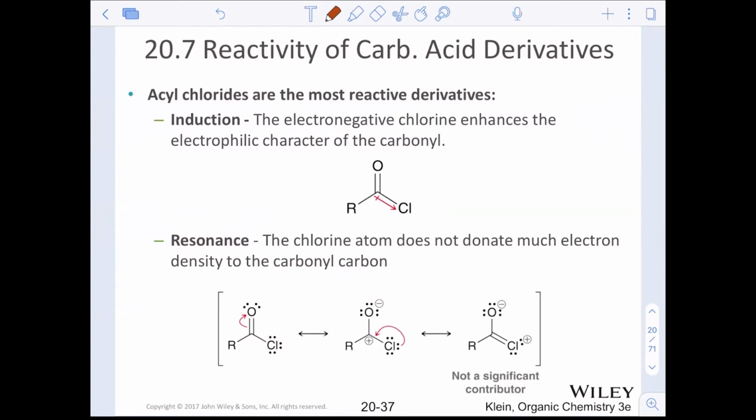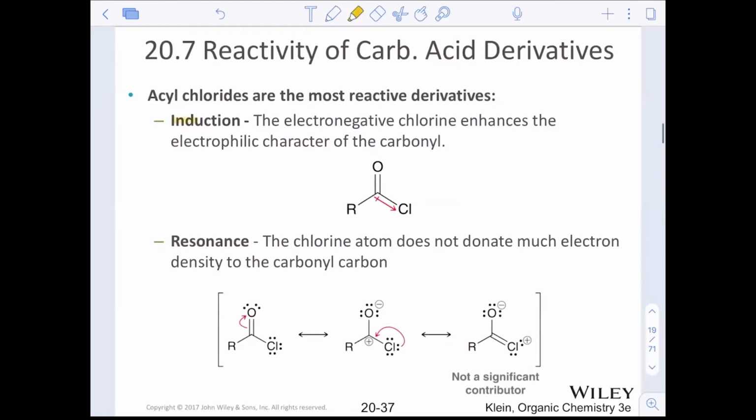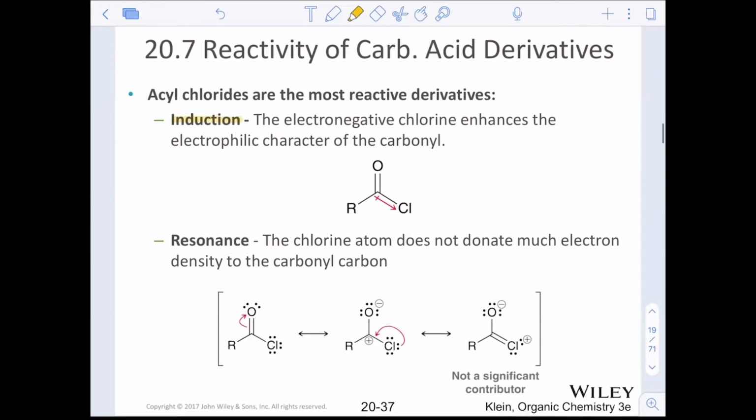We've talked about chlorine and other halogens in our aromatic chapter as an actual donator of resonance. They're not great. They don't like to donate electron density through resonance, but they physically can, okay? So the major reason why chlorine is the most reactive here out of the groups is primarily because the leaving group is the best and induction occurs.